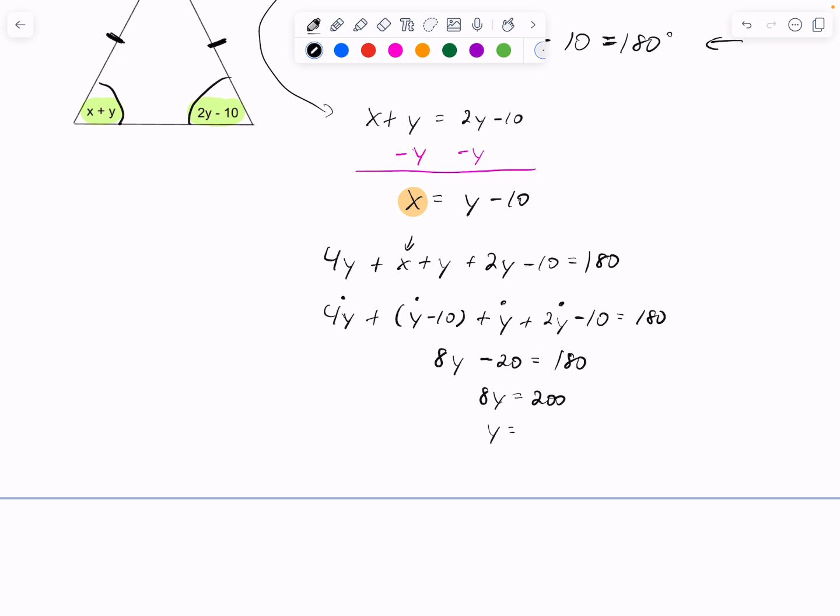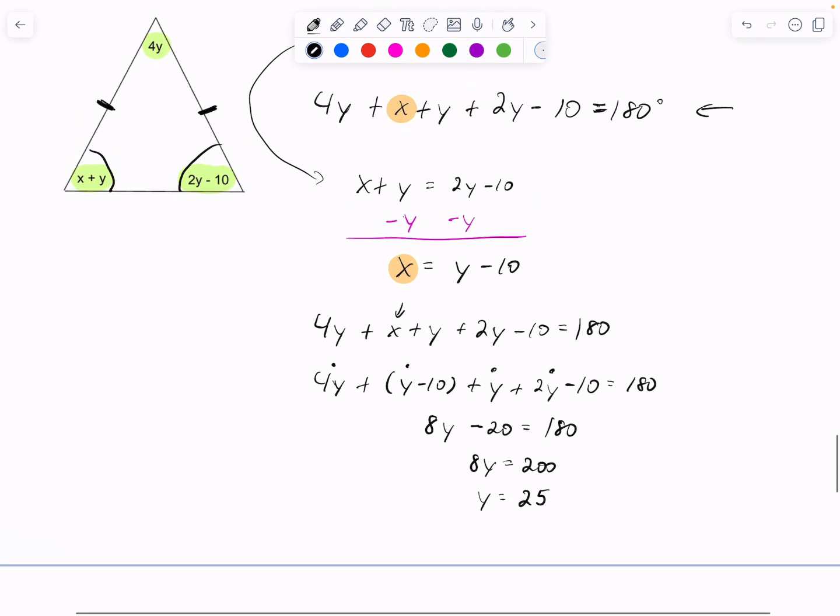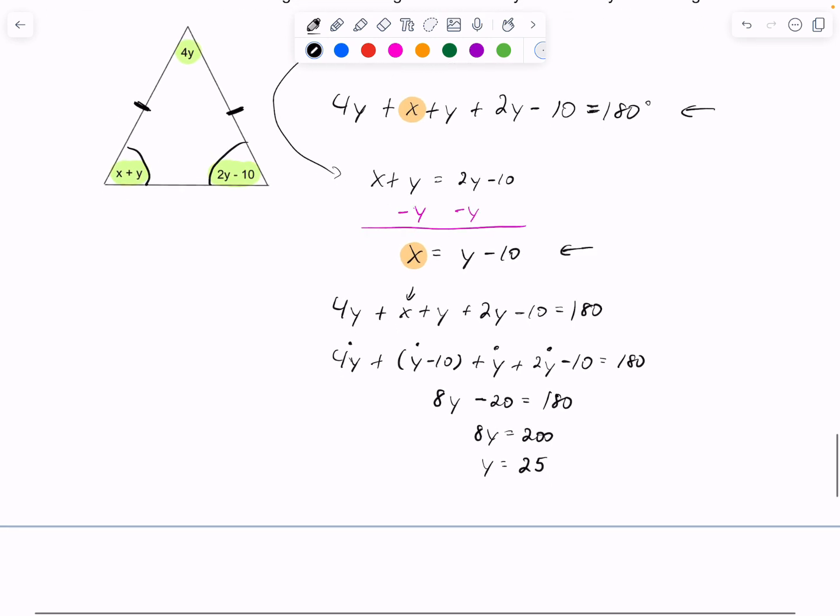So when I'm trying to figure out what Y is equal to, I'm going to do 200 divided by 8, which is going to give me 25. Now we know, based on what we just did earlier in the problem, that X is equal to Y minus 10. So I can do X equals 25 minus 10 to get X equals 15.